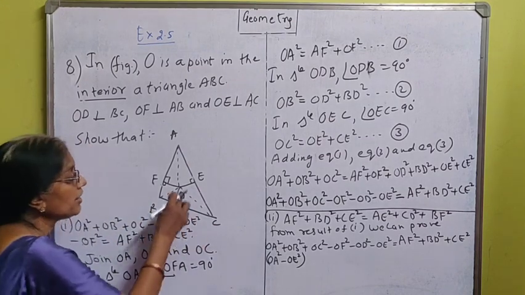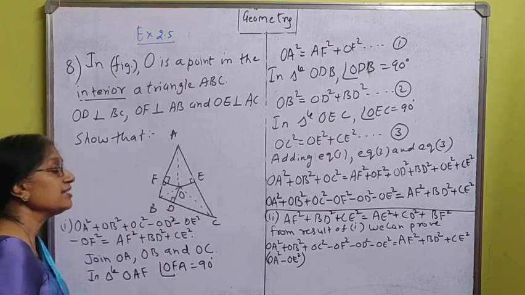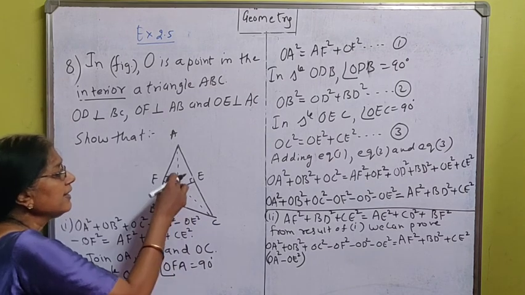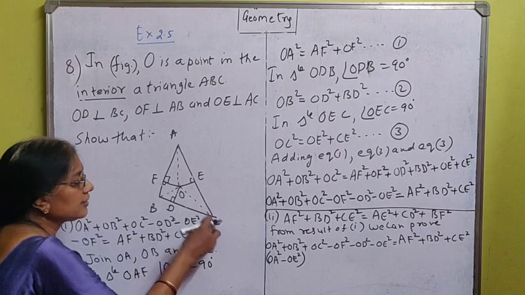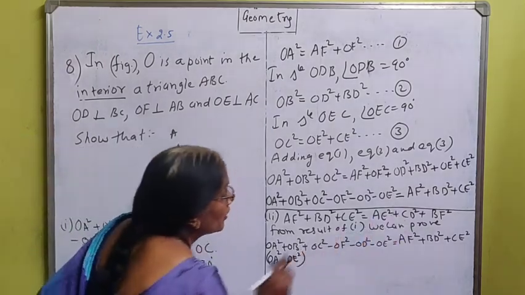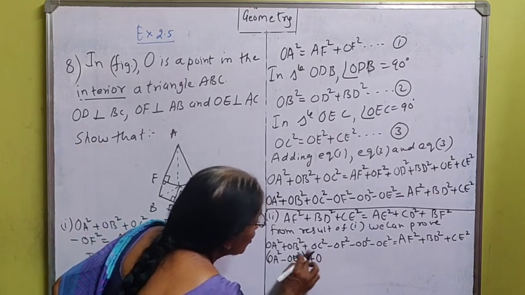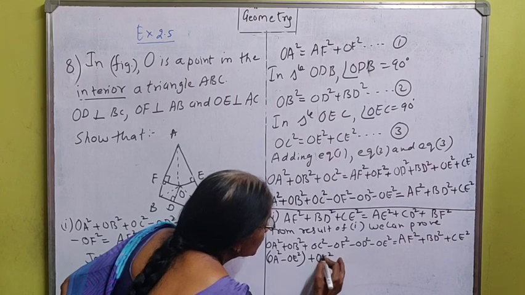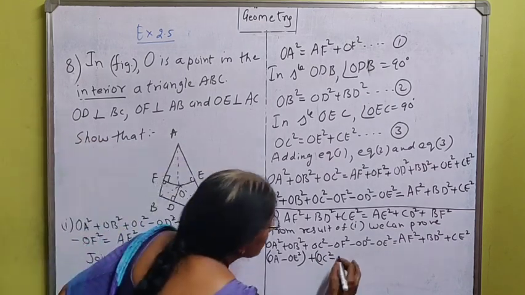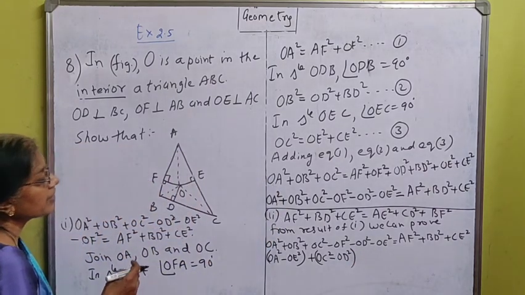OC is the hypotenuse and OD is one of the sides. Again you have to find out the other side. So what is the other side? It is the hypotenuse square minus the given side square, that is OC square minus OD square. We will get it as CD square. So here CD square is given, so I am going to arrange plus OC square minus OD square. So I got the side as CD square.